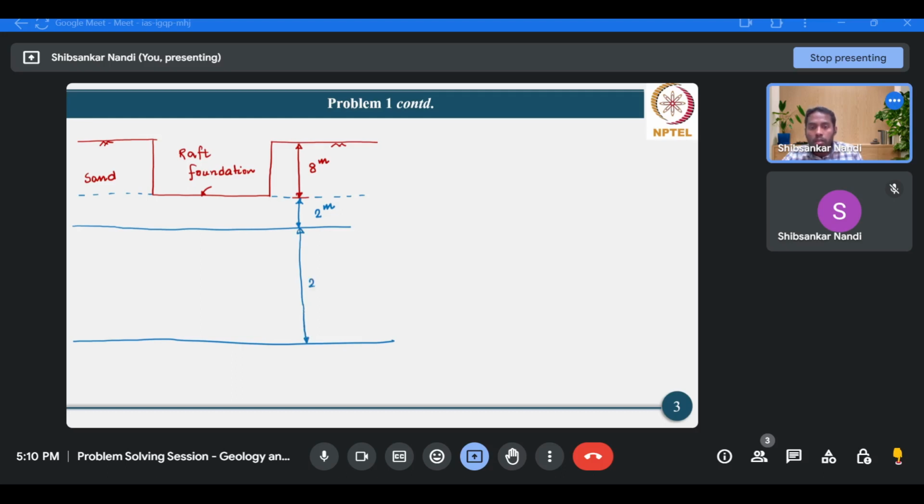So this is your 25 meter. This sketch is not as per the actual scale, so please remember that. This is the saturated clay.